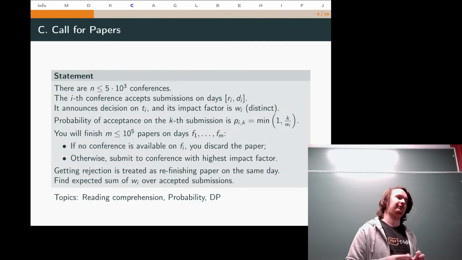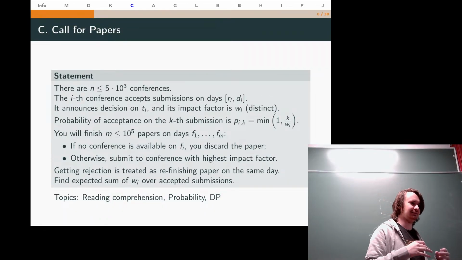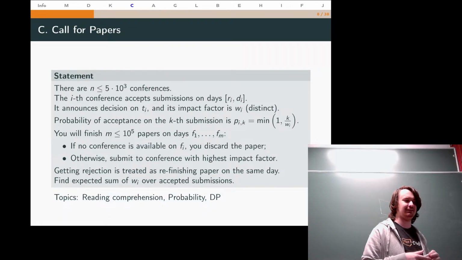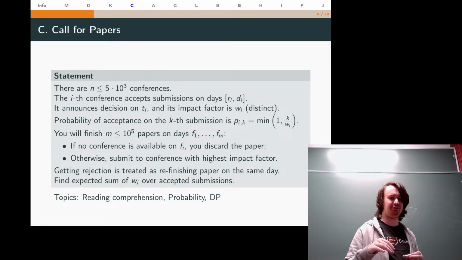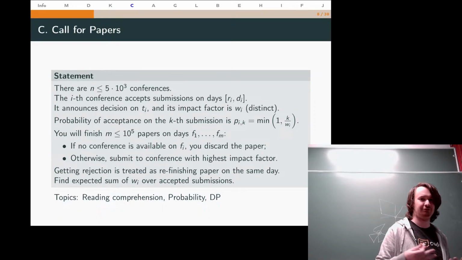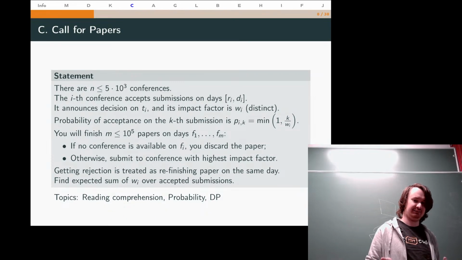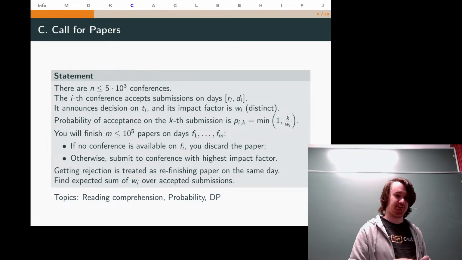And we are told that if we submit some specific paper to the ith conference, then the probability that this paper will be accepted is the minimum of 1 and k over wi, where wi is the impact factor of the conference.